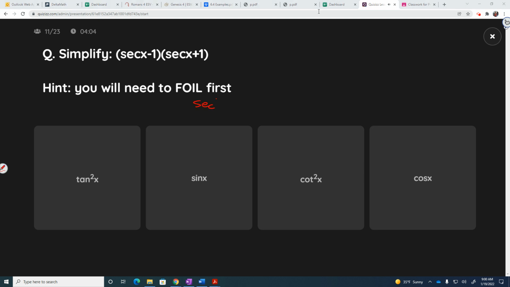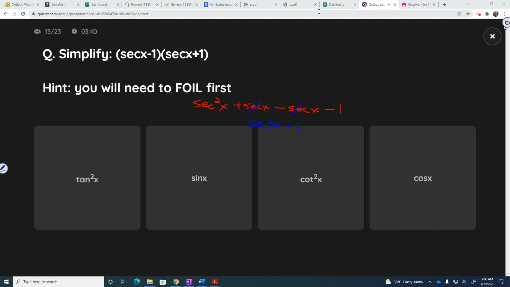Well, you should get secant squared x. Your outer and your inner are going to end up canceling because it's the minus and plus secant x. Minus 1. So these two canceling, secant squared x minus 1.